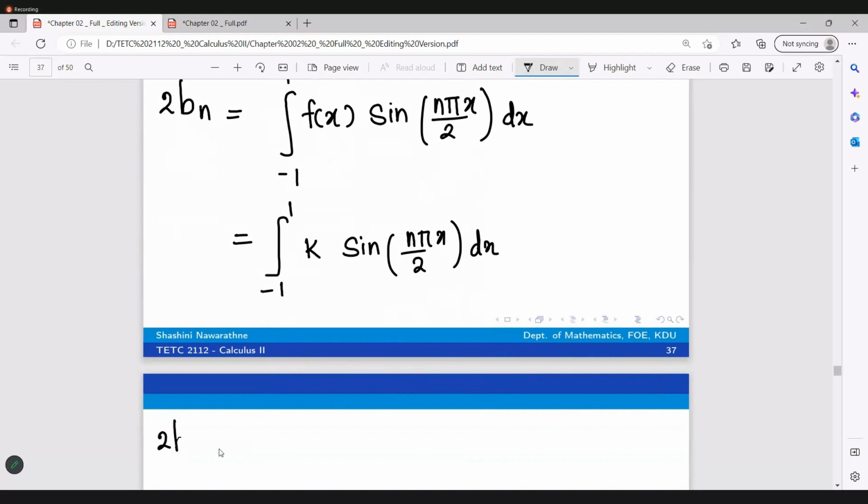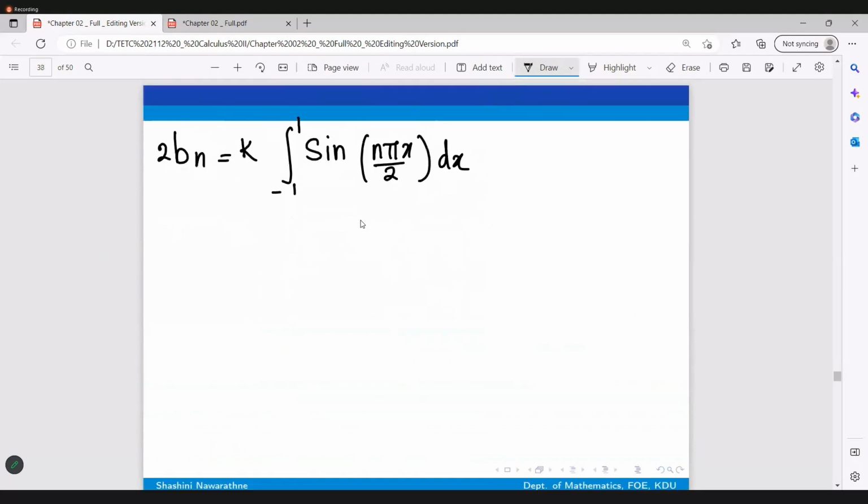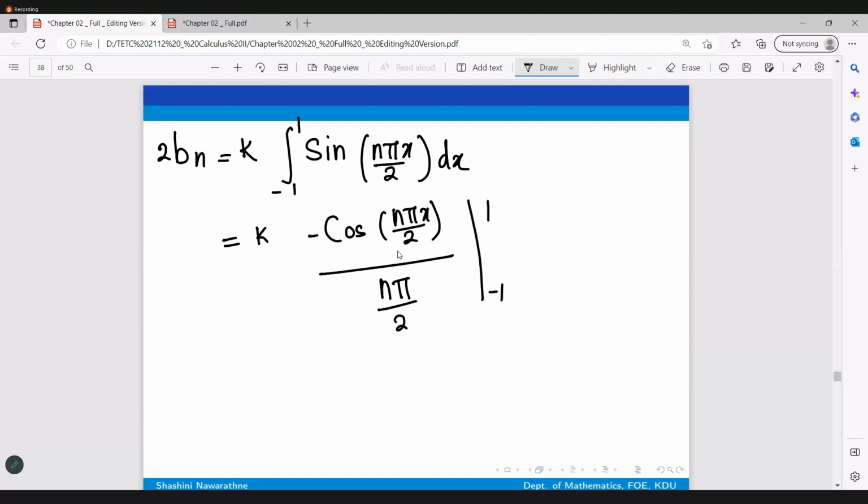So 2 times Bn is equal to, since k is a constant, we can bring it out, integral from -1 to 1 of sine n pi x over 2 dx. So what is the integration of sine? It is minus cos n pi x over 2, and we need to divide this by n pi over 2 and substitute the limit -1 to 1.